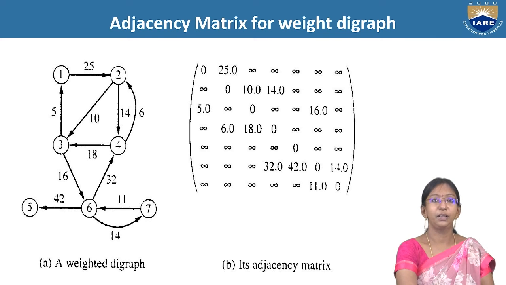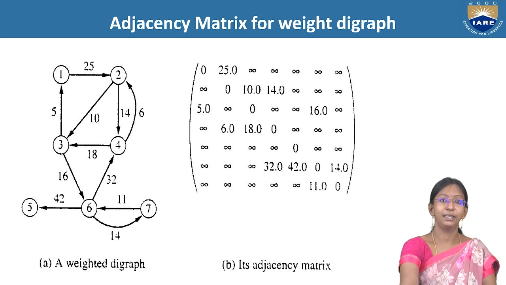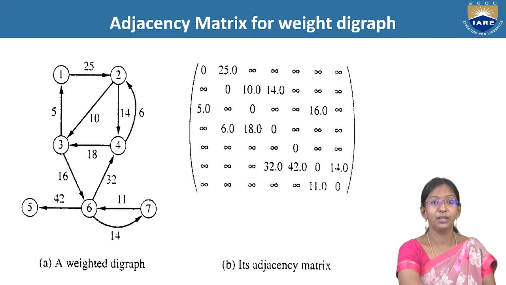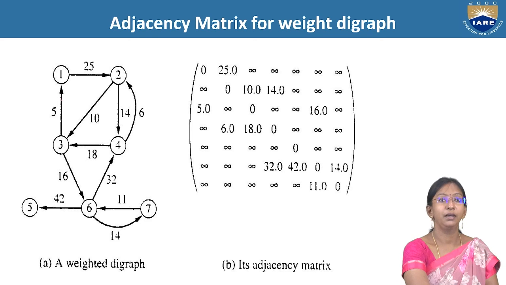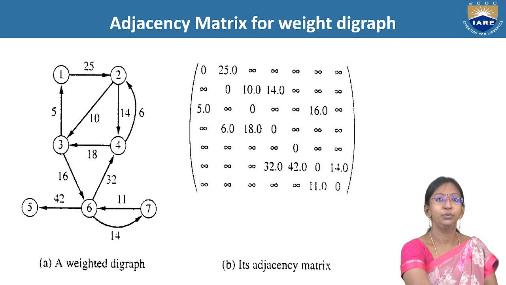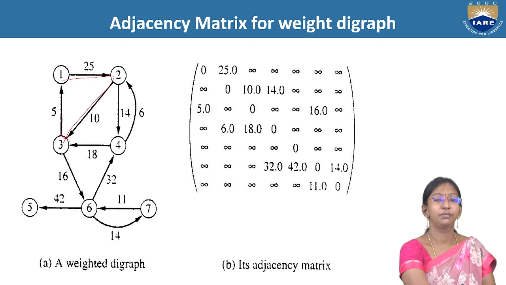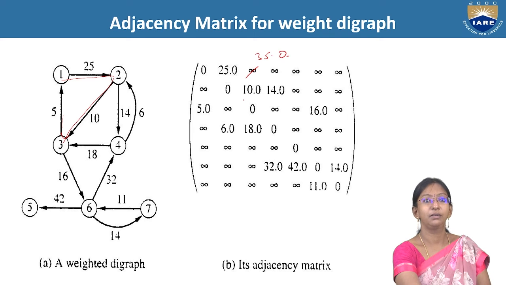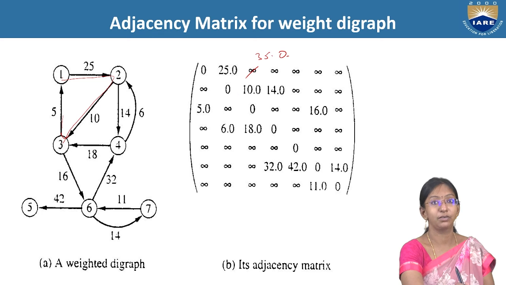So you can fill in the weight. As there is no loop, all the diagonal elements are zeros. But for the remaining ones, if they do not share an edge, I have given it as infinite. That is, you can reach or you cannot reach. For example, say 1 to 3, I do not have a direct edge, but I have a path through 5. So for 1 to 3, I can in future replace it with that path rather than saying infinite, that you can never reach, right?